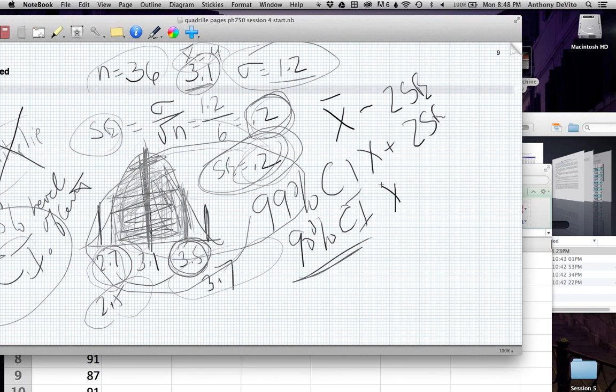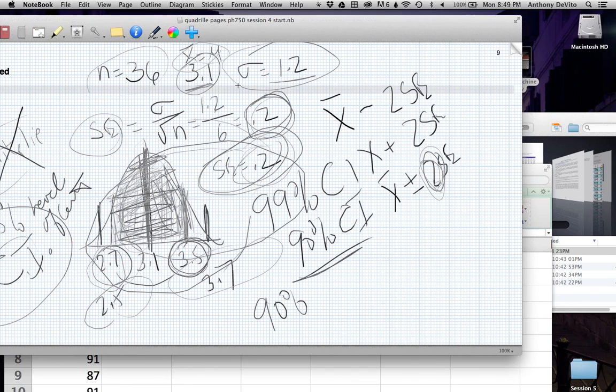Another way to write that is X bar plus or minus 2 times the standard error. And why did I use 2? Because within 2 standard deviations is 95% of the population. So now if I want a 90% confidence interval, I can't use 2. In fact, I shouldn't even really use 2 here, because 2 is just an estimate. What is that number really for the middle 95%?